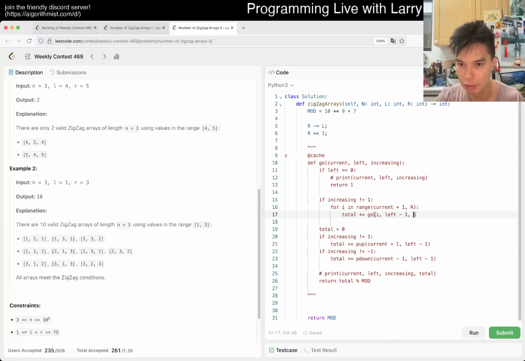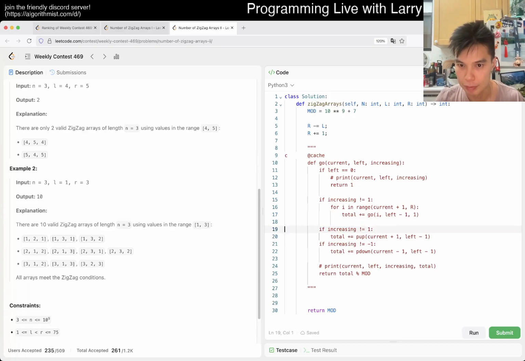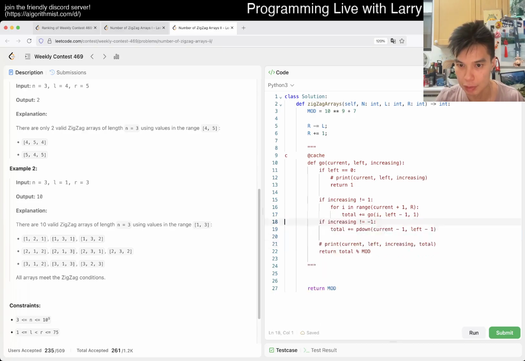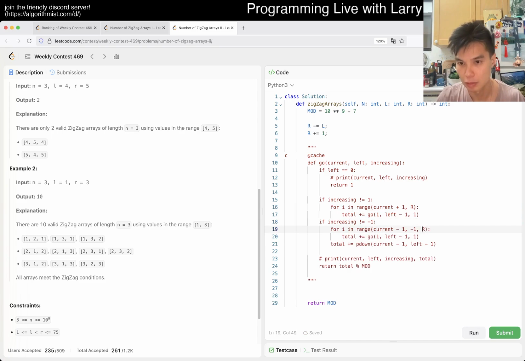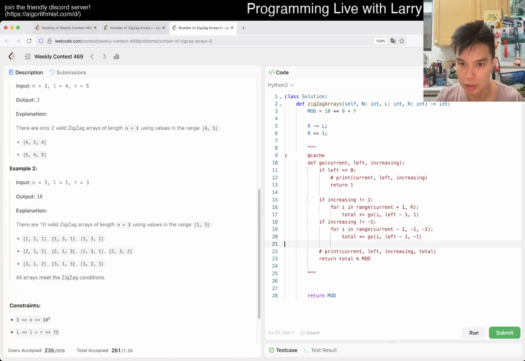Oh no, increasing is 1, right? So something like that. Right, okay, so that's the graph.